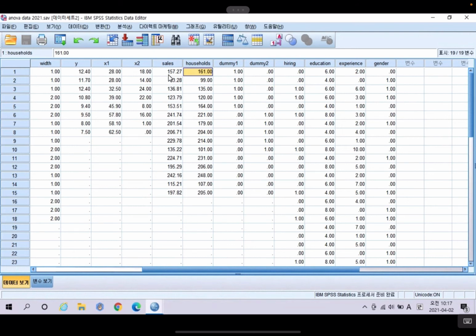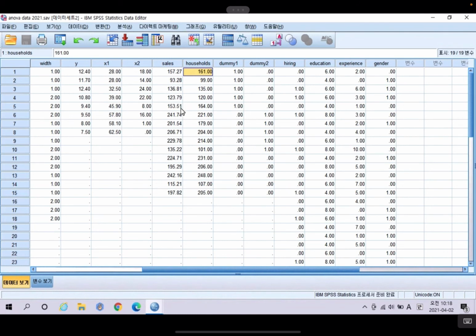We have data here, sales and the number of households, and I created 2 dummies. I use 1 for dummy 1, 0 for dummy 2 for street, 0, 1 for the mall, and 0, 0 for the downtown. So you need to transform the categorical data to quantitative data by using these dummies.